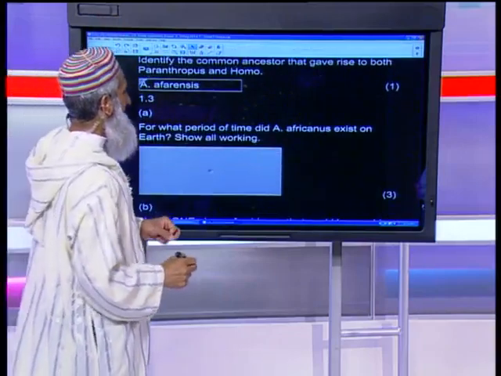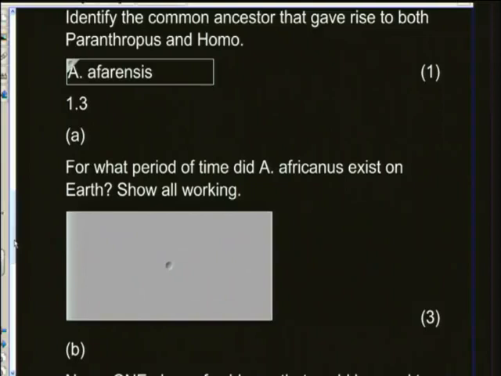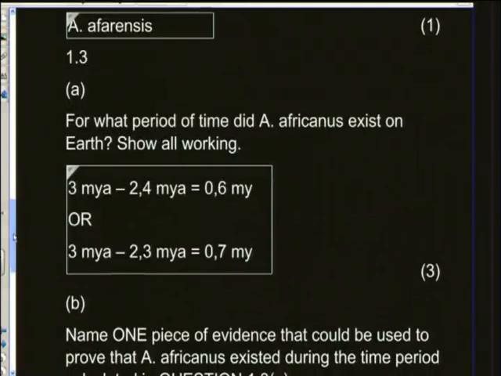For what period of time did Australopithecus africanus exist on Earth? Show all working. I'm going to go straight to the answer here. We don't want to waste time on that. So we look at the time from 3 million years minus 2.4 million, and the answer would be 0.6 million or around there, depending on what you read there.